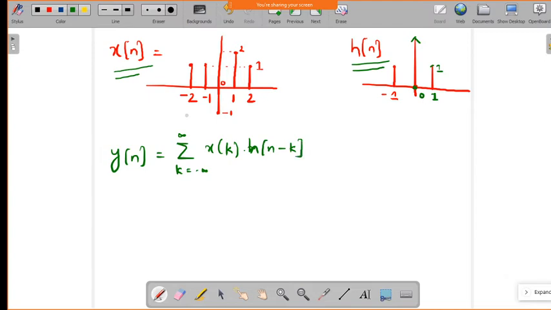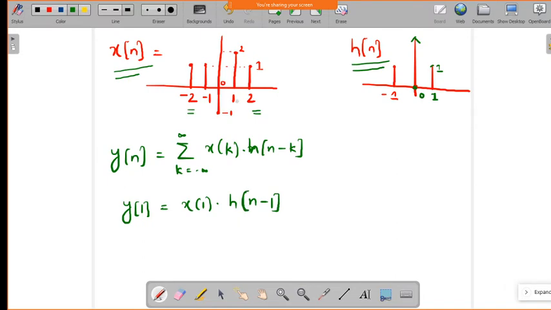I am varying from minus 2 to plus 2, is it not? So, now I will take every input sample and convolve it with h of n. It is multiplication here in the summation. I will take a single input, x of 1, and compute y of 1, which is equal to x of 1 into h of n minus 1.